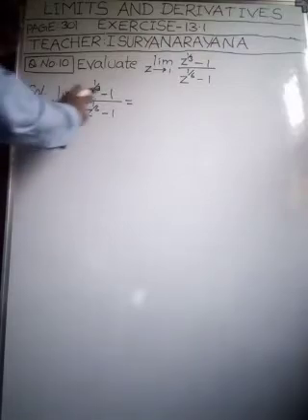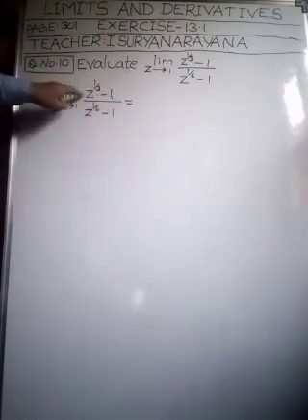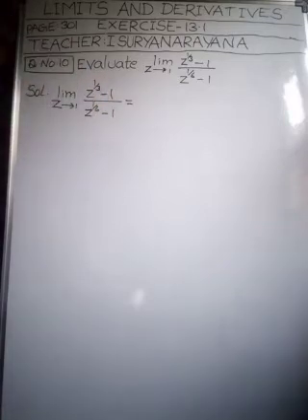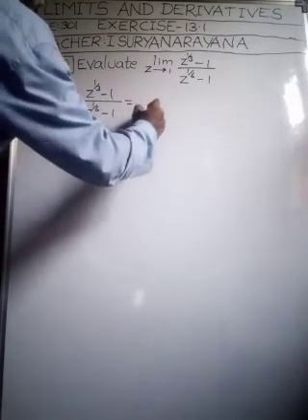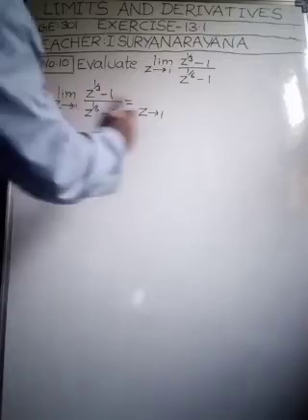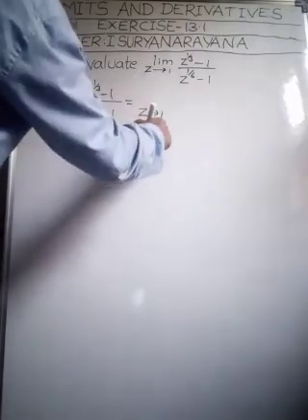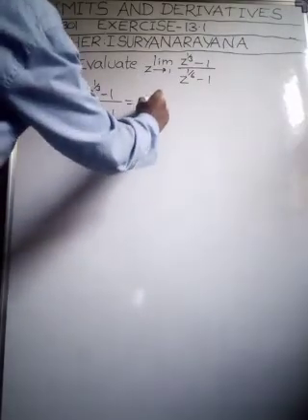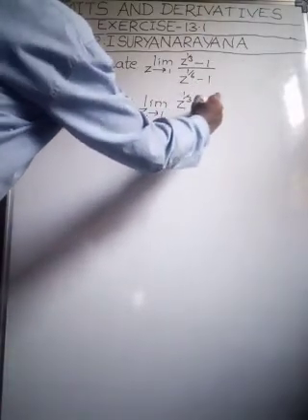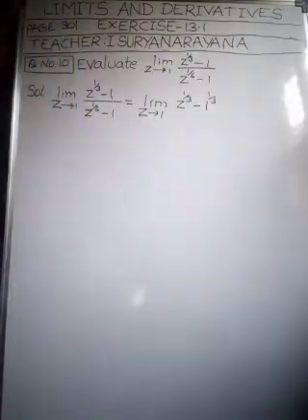So, see here, this function is in the form of a power m. We can write 1 as 1 to the power of 1 by 3. Isn't it, my children? So we are changing this function according to the standard limits. Okay, my children. So as z tends to 1, z to the power of 1 by 3 minus 1 can be written as z to the power of 1 by 3 minus 1 to the power of 1 by 3.